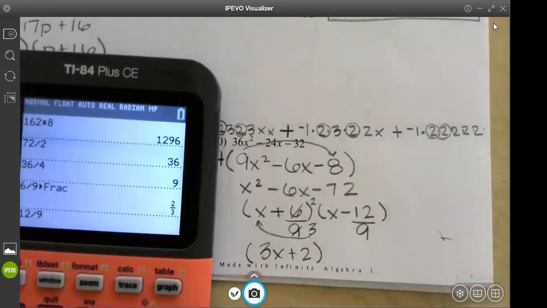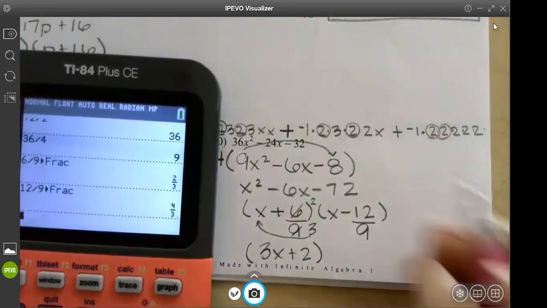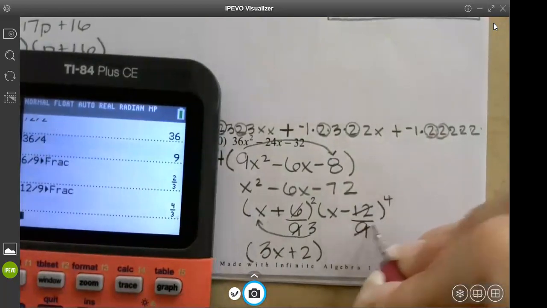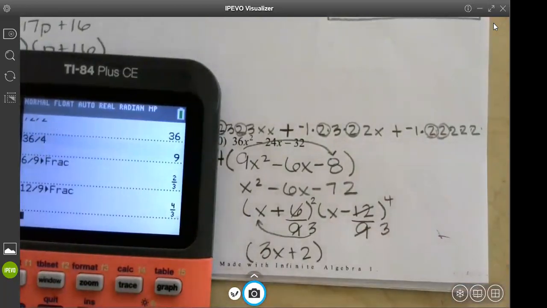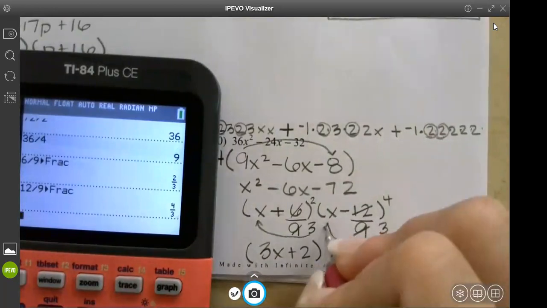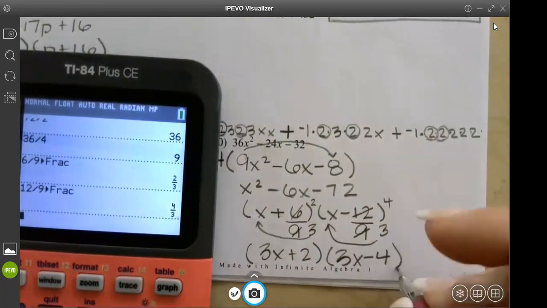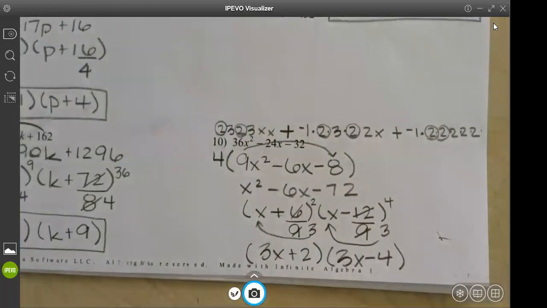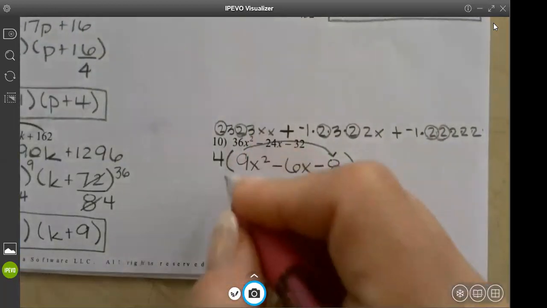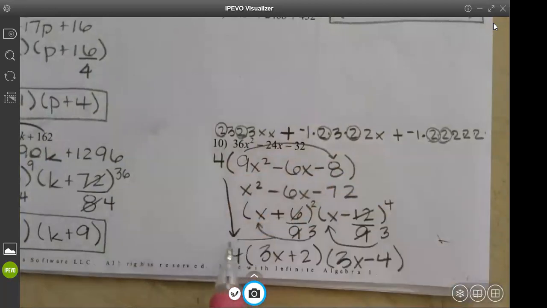Twelve divided by 9, math, enter, gives you 4/3. Slide your 3 up. And you get 3x minus 4. Don't forget to bring down your GCF.